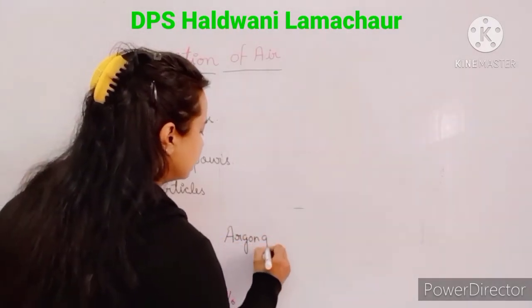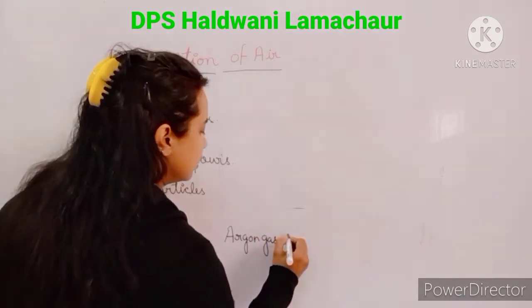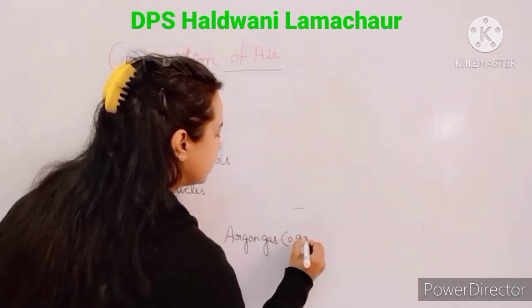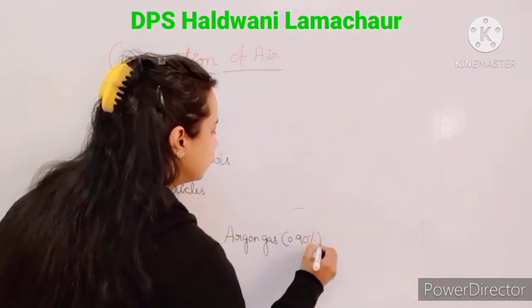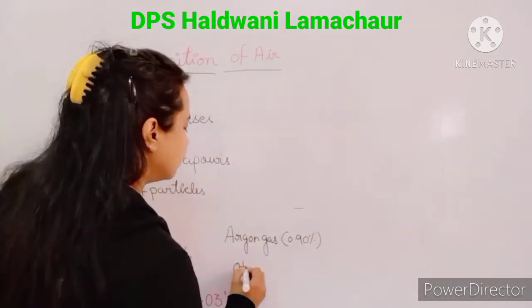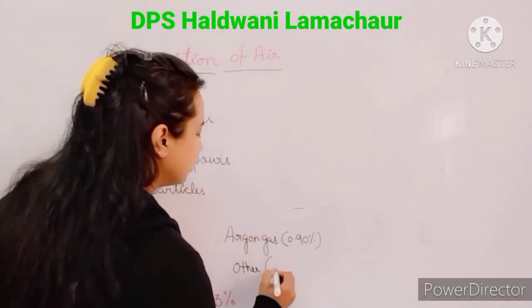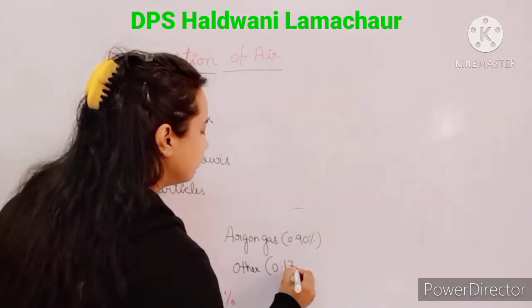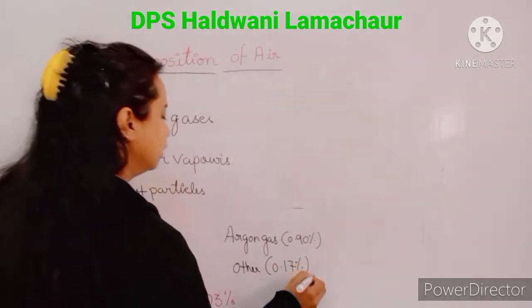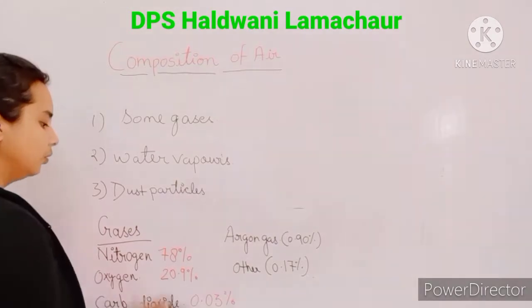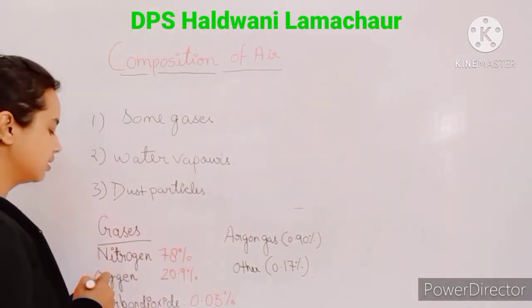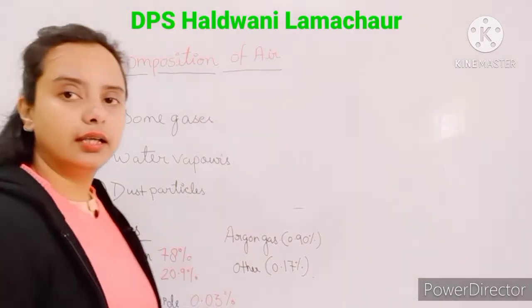Argon gas is 0.90%, and some other gases are also there that are 0.17% in the air. So these are the mixture of gases which are present in the air.